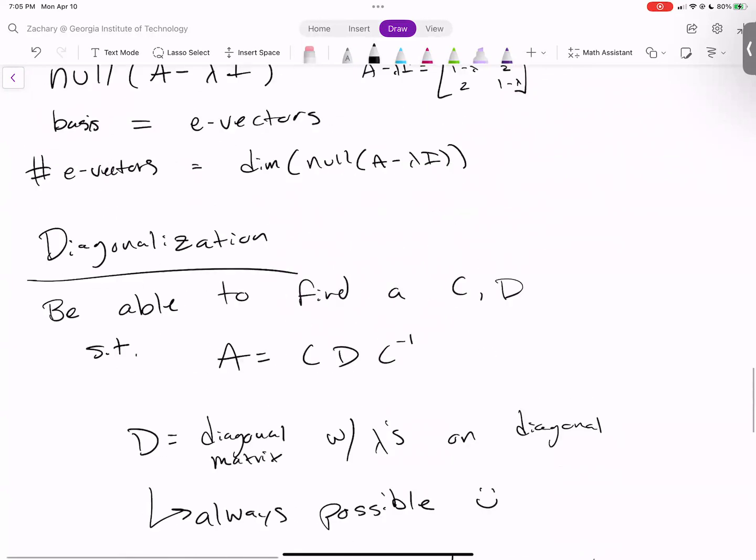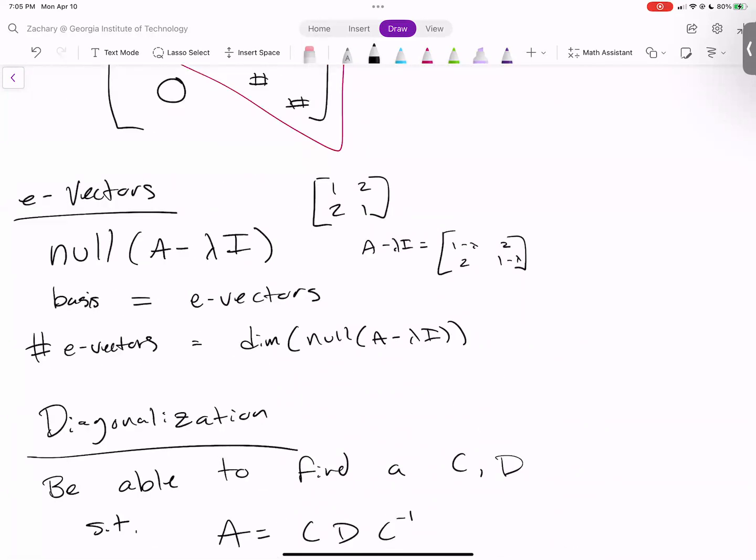So to go back for 1 second, we said that this must always exist. The null space of A minus lambda I must always exist if we found our lambdas properly, right? So how many free variables must this have at least? 1, right? We found its determinant to be 0. We found it's not invertible. This will always have at least 1 free variable, which means it will always have at least 1 eigenvector.